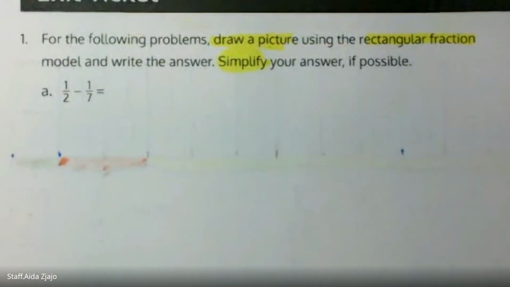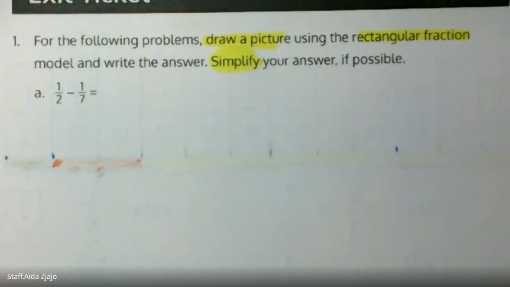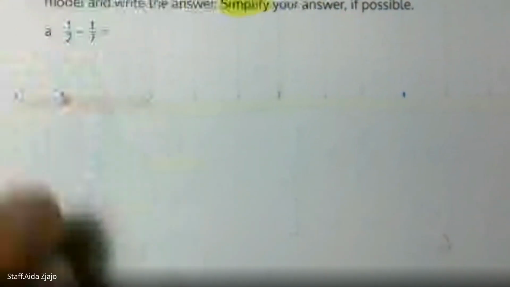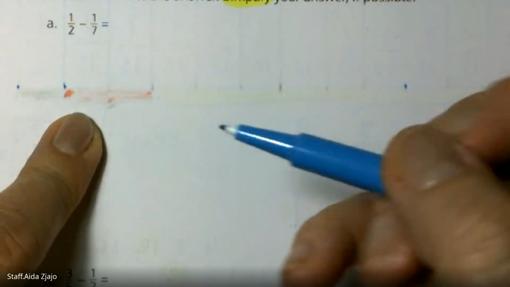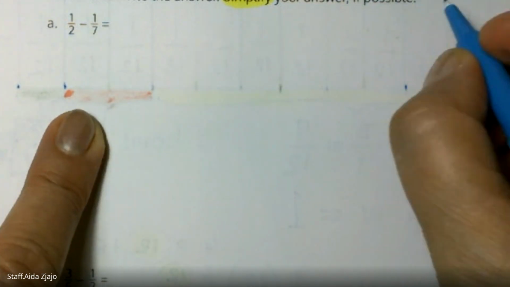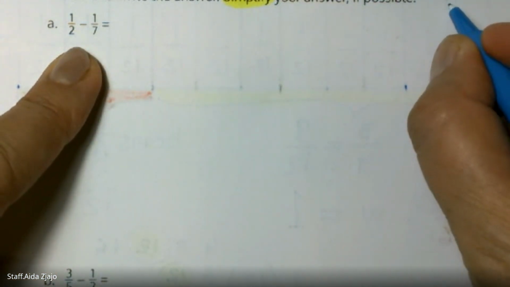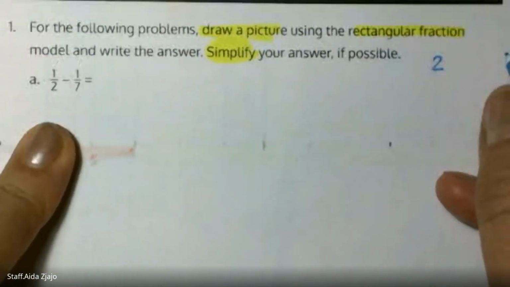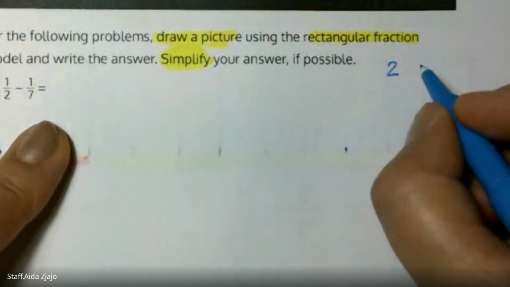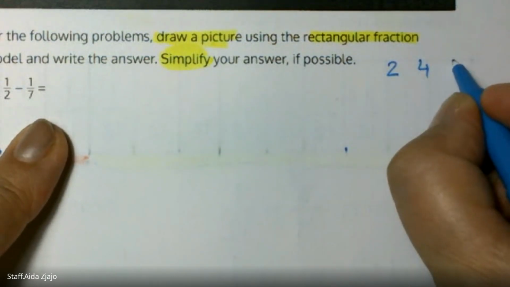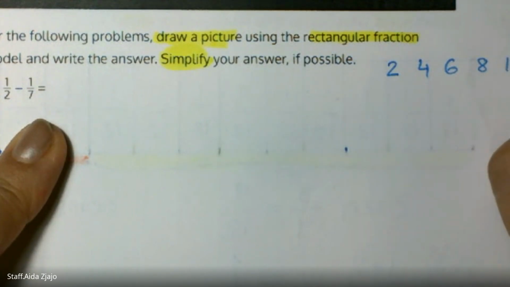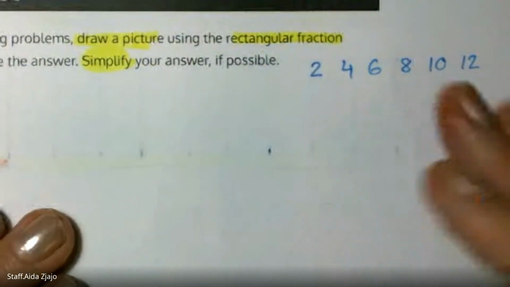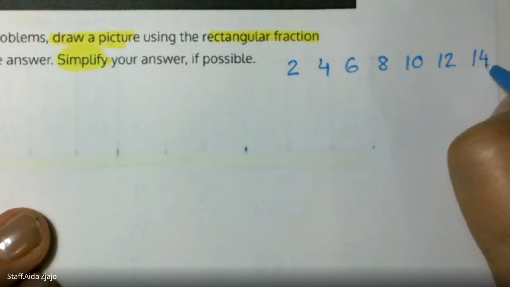Okay, so we're gonna draw the model first. So we have 1/2. Well, we need to give away 1/7. So if we think about skip counting, 2, 4, 6, 8, 10, 12, 14.